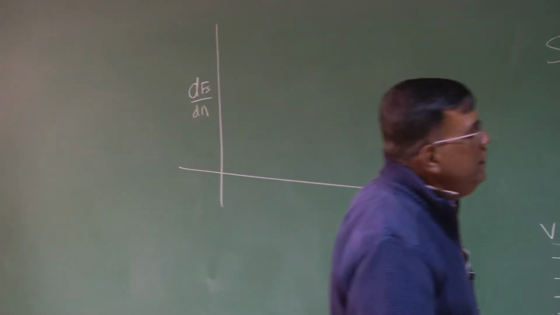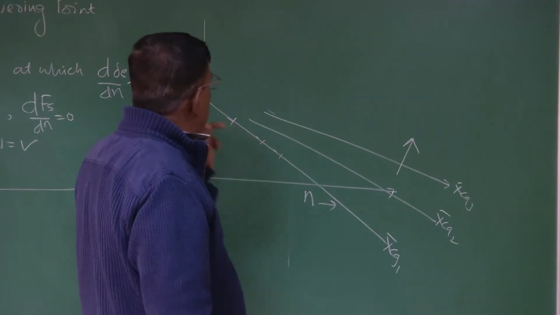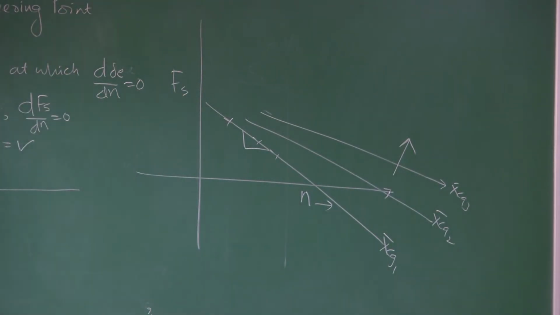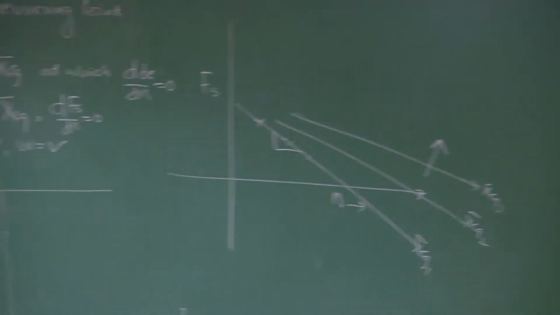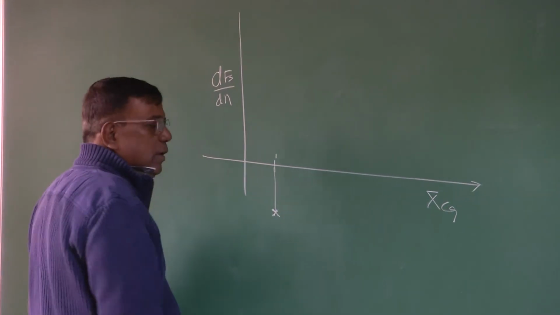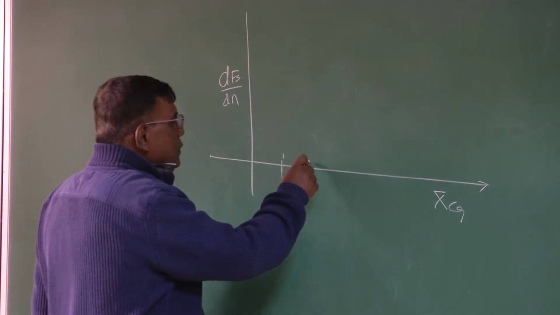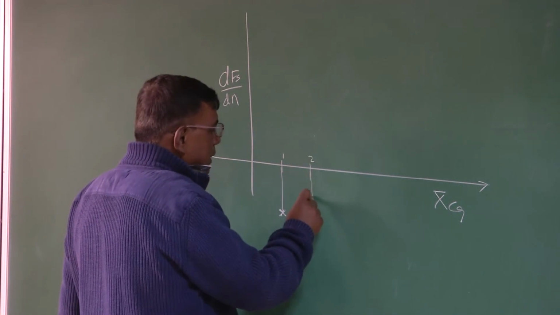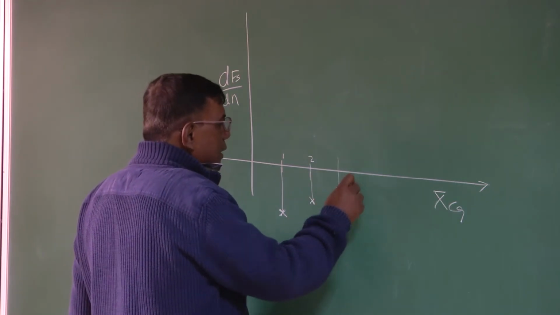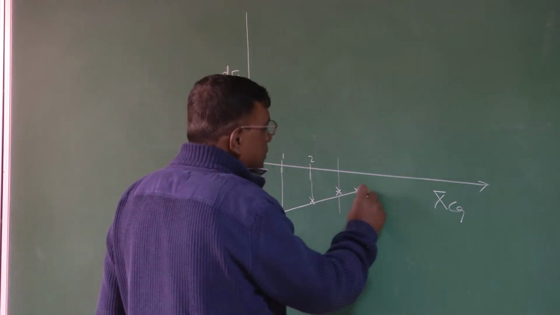For a given XCG location, let's say XCG1, what is dFs by dn? That is the slope of this line. Right? So I pick XCG1 and then whatever slope, I note it down here. Similarly for XCG2, I again do this, XCG3, like that, a few points I'll get. I'll try to fit it through a best fit.